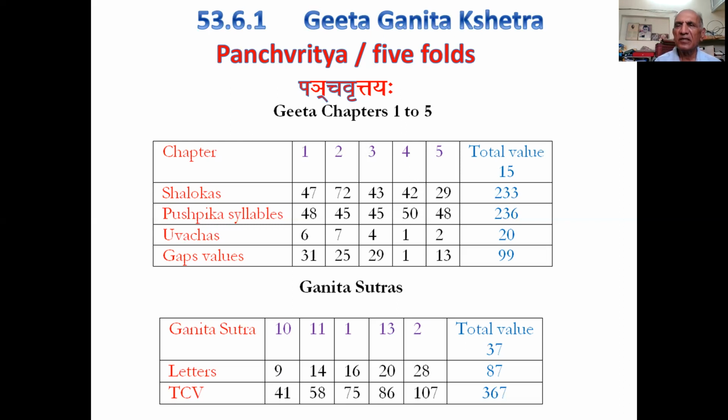The table 2, which is the second table on the computer screen, in the first row consolidates the correlation sutras as 10, 11, 1, 13, and 2 of summation value 37.